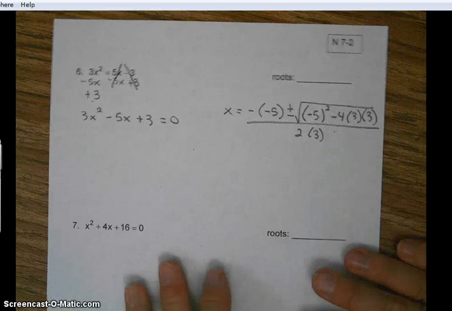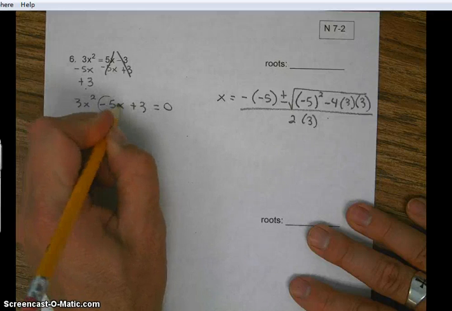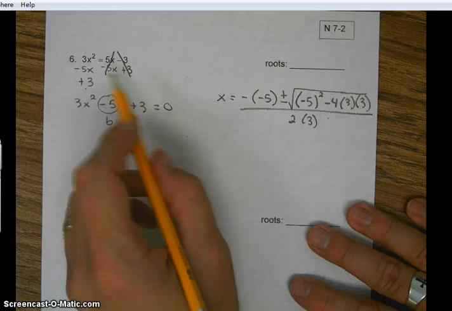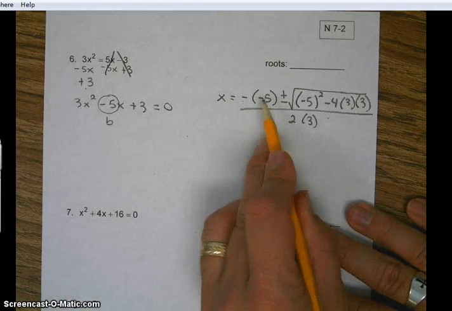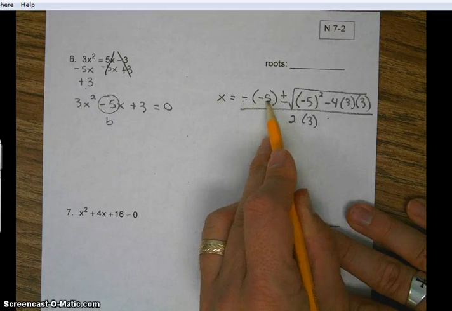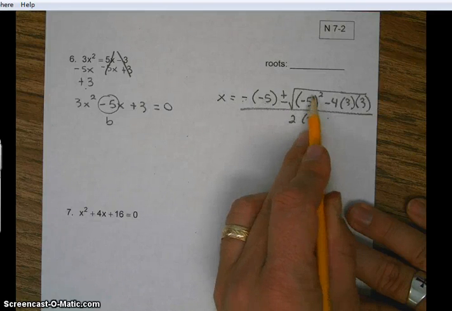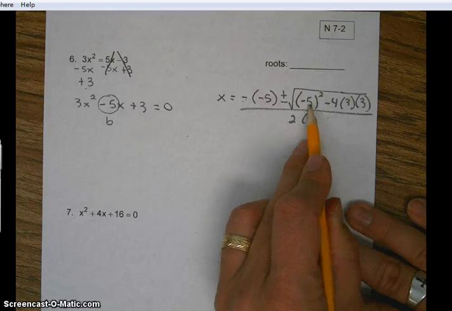Okay, so the thing here that you need to be careful about is because our b value is -5, don't forget, when you plug it into the formula it goes -b. So we're going to have a -5. And then our b value is -5. Do not forget, it needs to go inside the parentheses because we're squaring a -5.